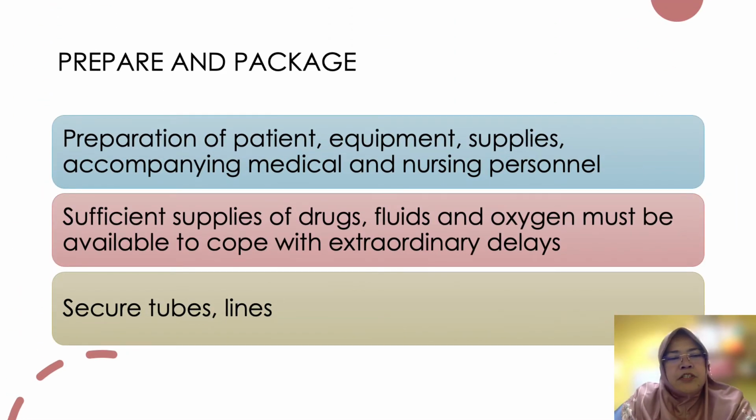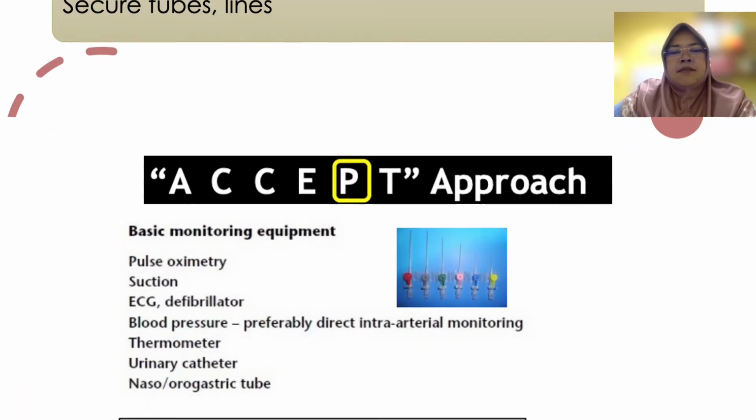So during preparation and packaging, we need to provide sufficient supplies of drugs, fluids, and oxygen to cope with any extra delays during the transport, and make sure to secure the tubes and the lines.